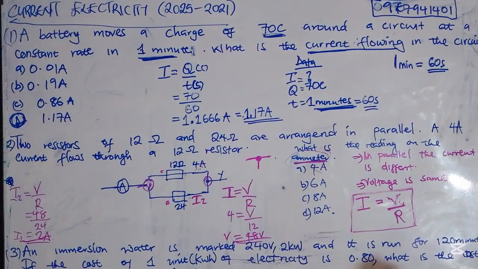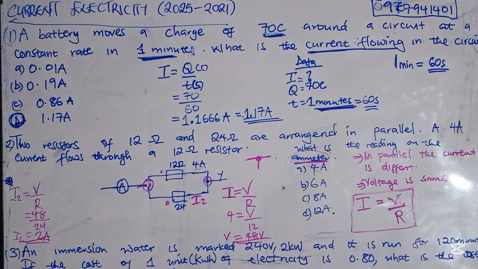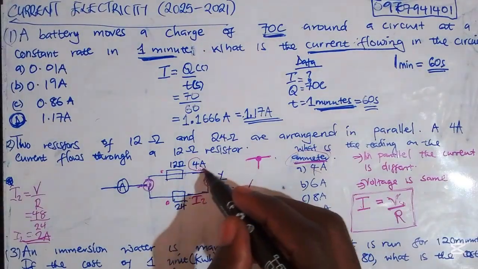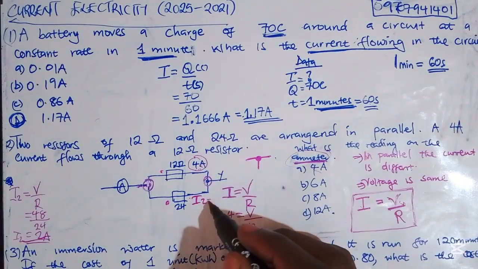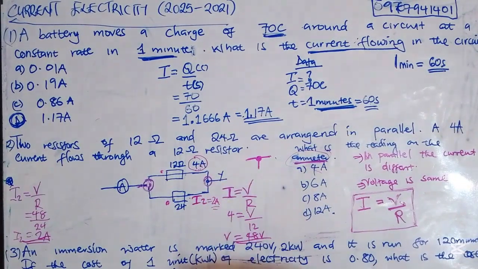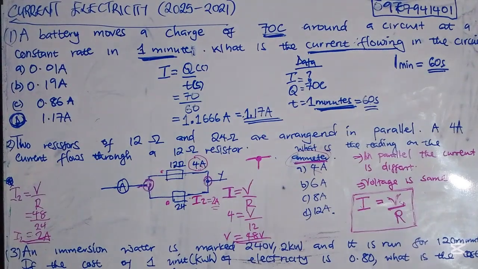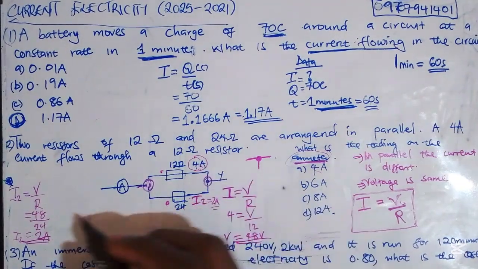So now we have two currents. So meaning the ammeter cannot give us two currents. Remember we have this 4 amps here and this 2 amps which we have calculated here. So now what the ammeter gives us is the total current. Remember, the total current. So meaning you have to add the what?